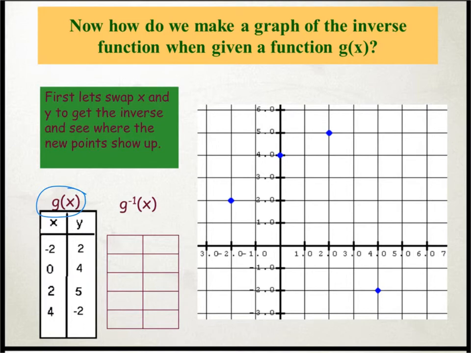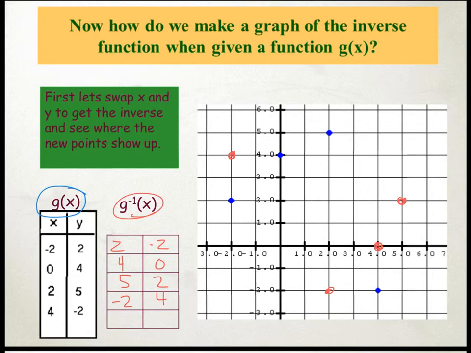You may want to pause the video because I'm going to fill them in myself, but I want you to try it. So all I did was reverse the x and y with each other, and now I'm going to plot these on the graph. I want you to pause the video, try plotting them on the graph also, and see if you notice anything. There's my plot of the inverse points.